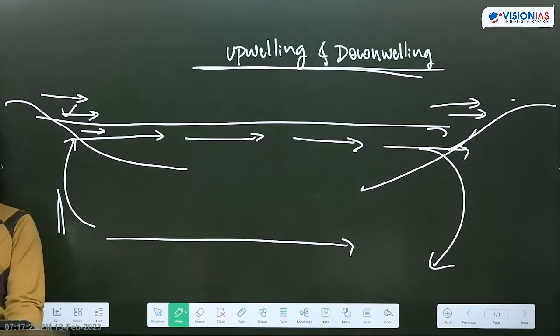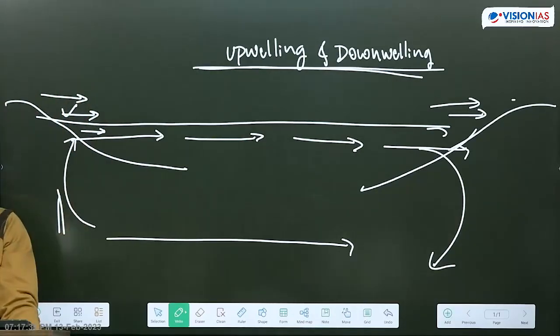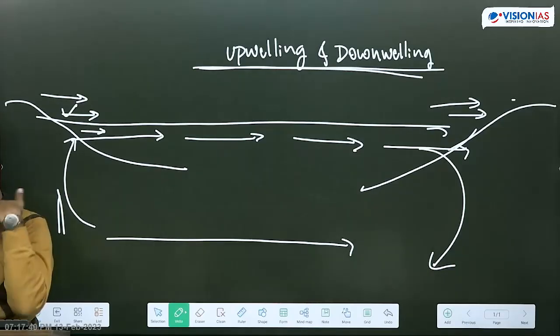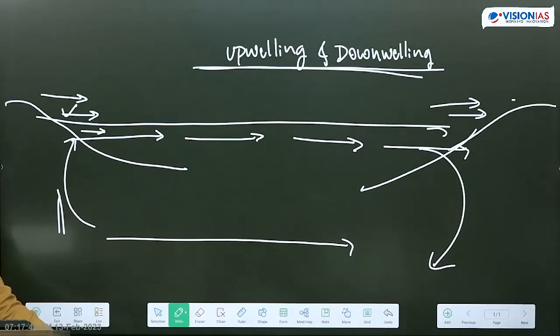So these are the links. The upwelling and downwelling are the links through which both the surface currents and the bottom currents are connected, and it keeps the entire water of the oceans continuously in a circulation mode. That is what we call the oceanic circulations. Okay, oceanic circulations बोलते हैं. So what do we call the bottom ocean currents as?